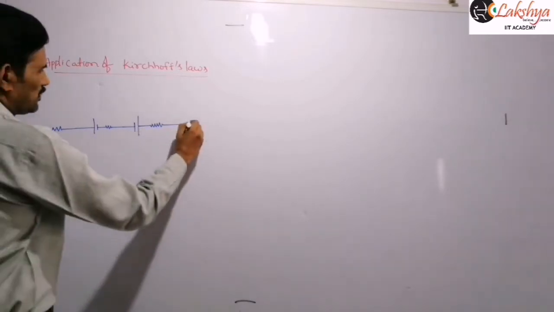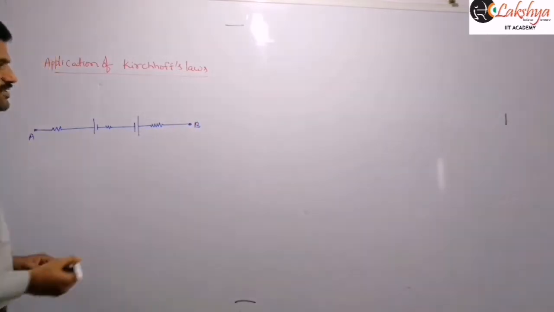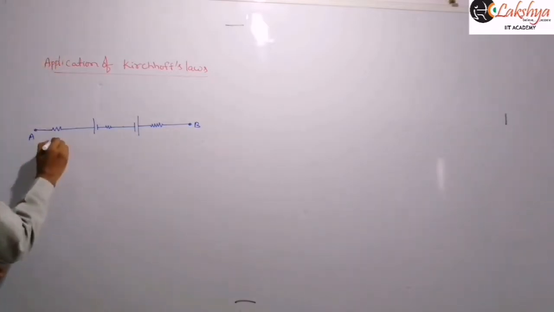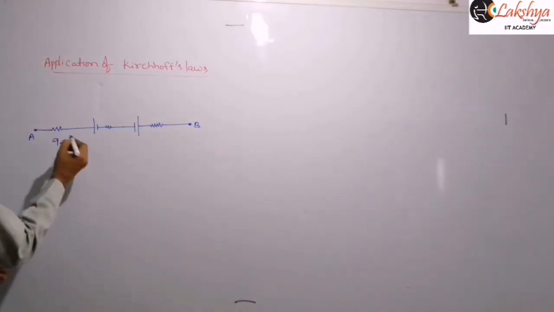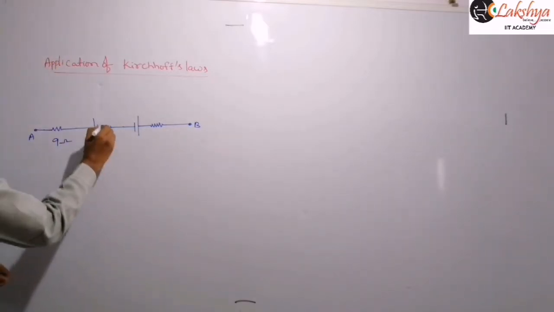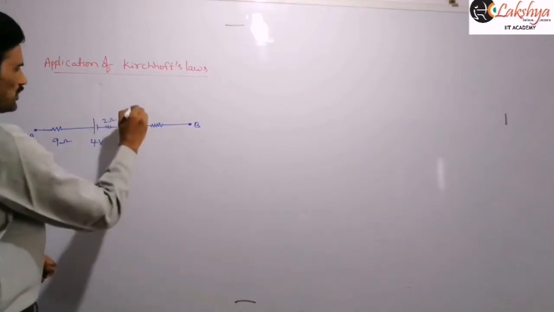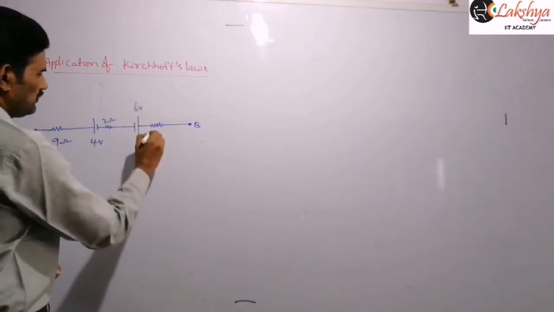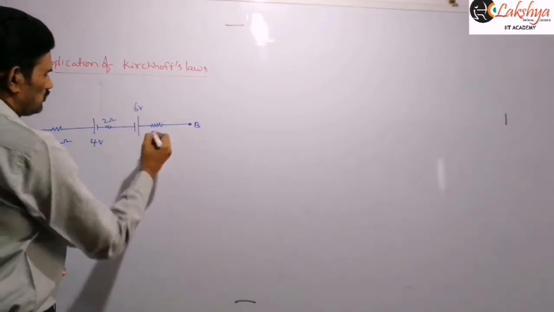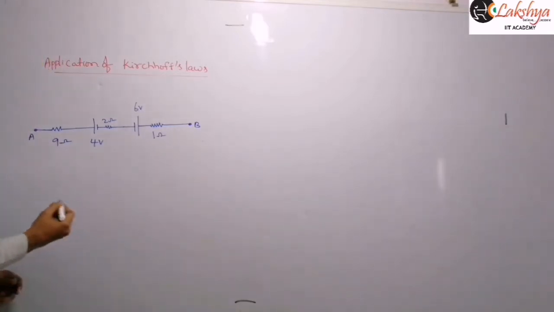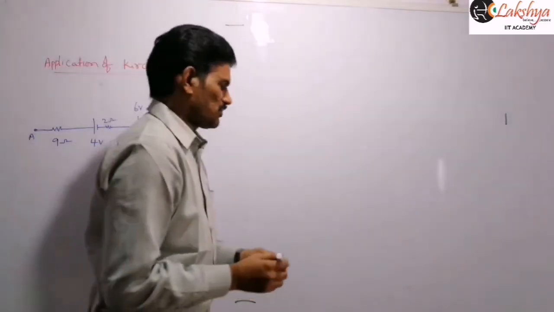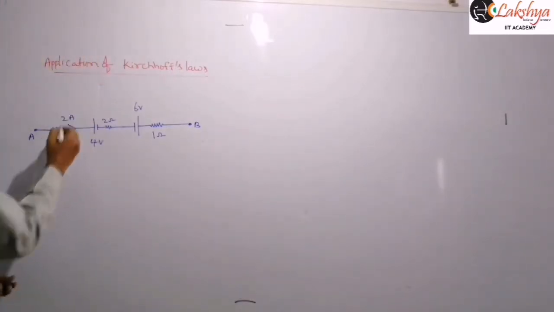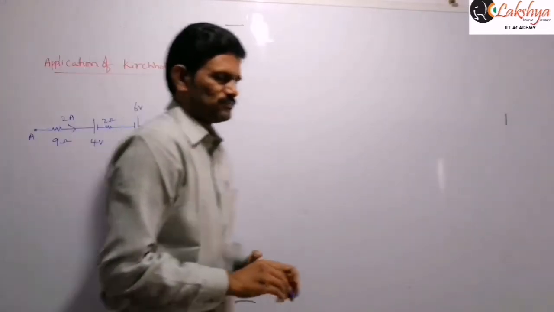This is A and B. Now they will ask to find the potential difference between A and B. Suppose this is 9 ohms, and this is 4 volts, 2 ohm, and this is 6 volts, 1 ohm. We need to find the potential difference between A and B when the current flowing through the circuit is 2 amperes. So write that problem.